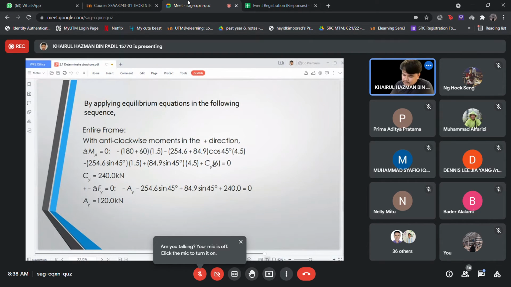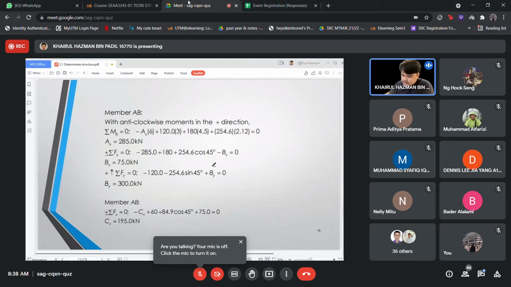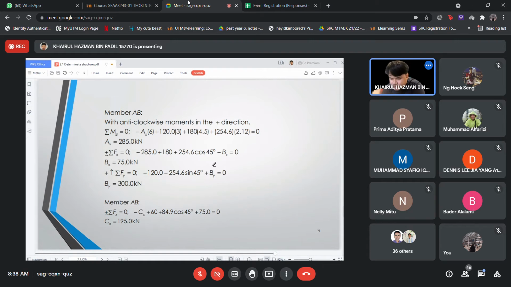This is just a revision, just to know how to solve the structures using the equilibrium equation. But we will need to discuss next week the force method, which is for indeterminate structures, is pretty much a new thing to you. So this is just a revision. You can do that later on. By solving the parts one by one, you can get the value of the reaction.